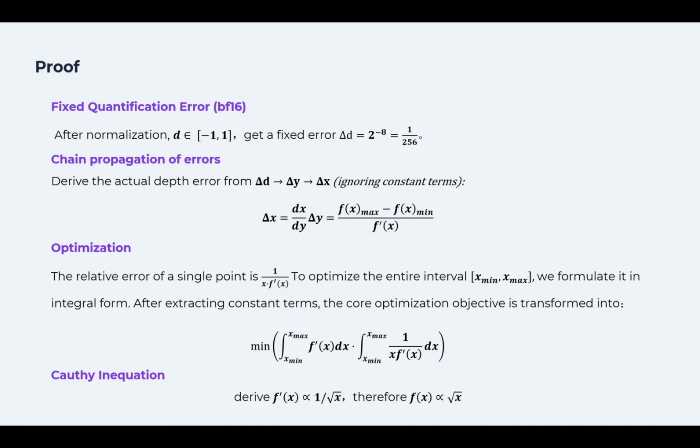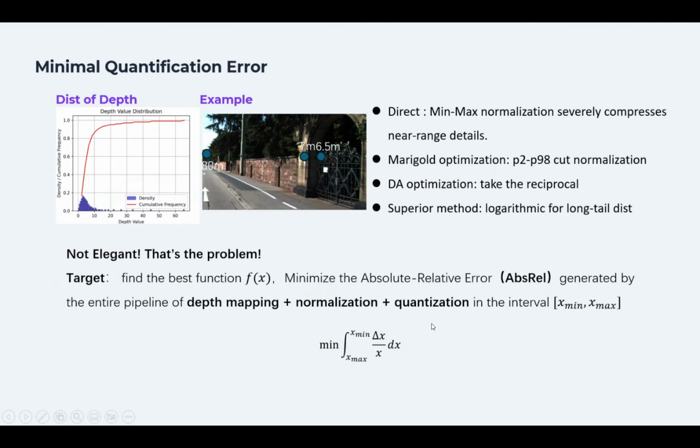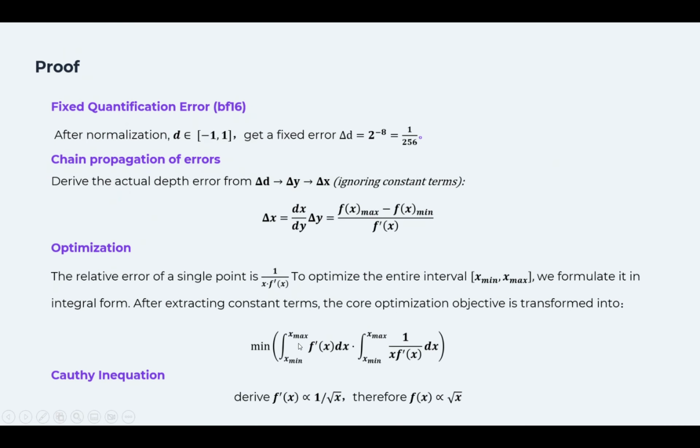We use the integral, and finally it can be written as 2 times the integral. So we use the Cauchy inequality to derive that f prime of x is proportional to 1 over square root of x. Therefore, f(x) is proportional to the square root of x.